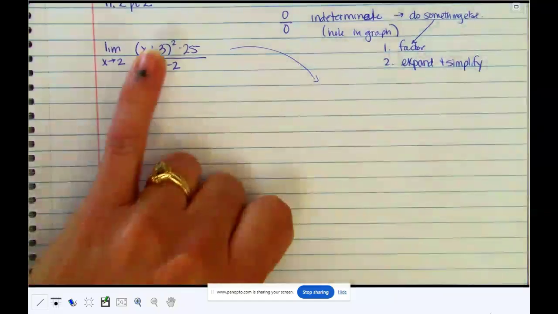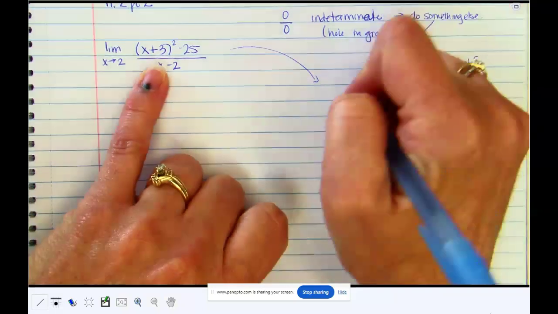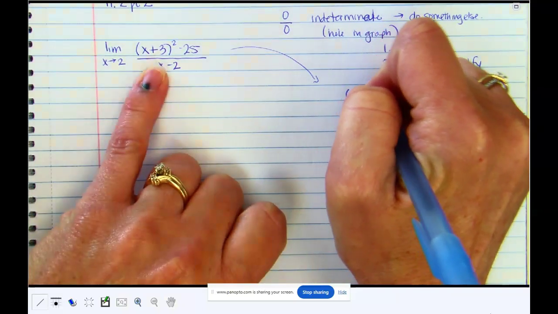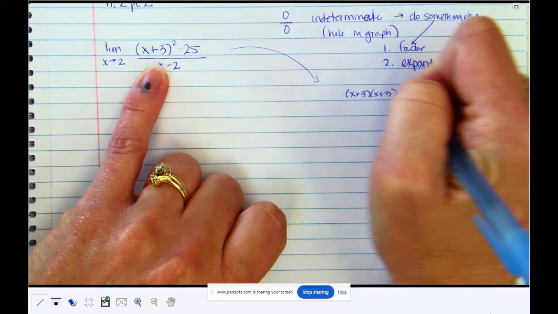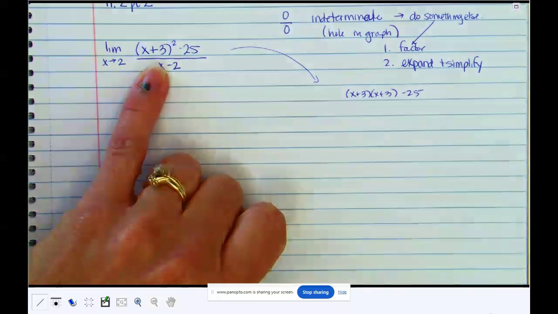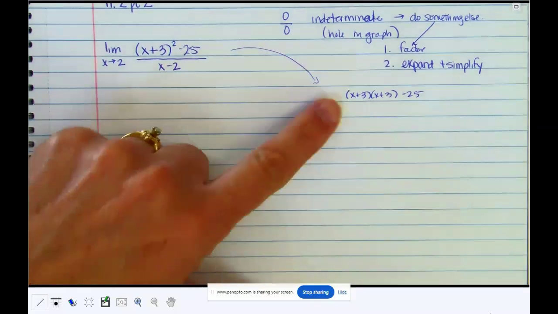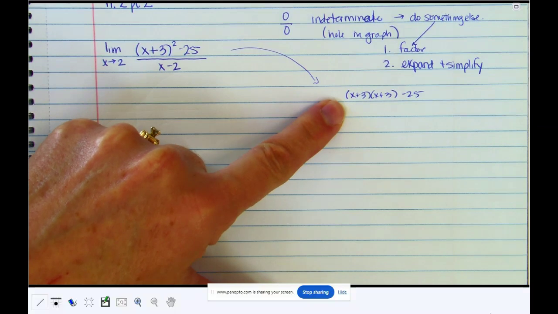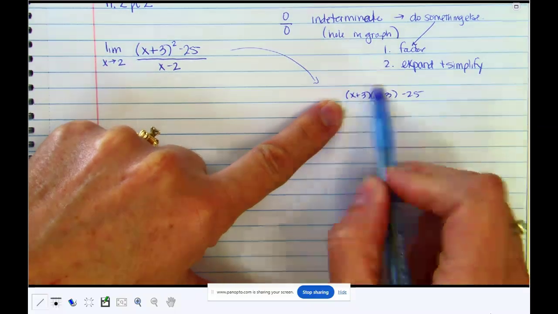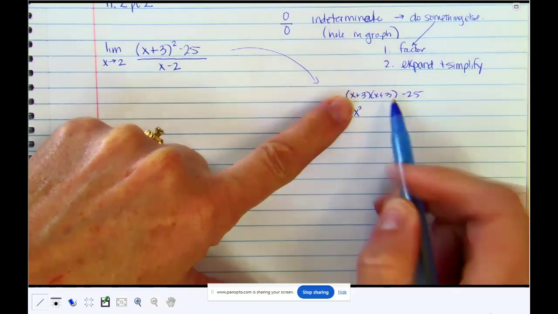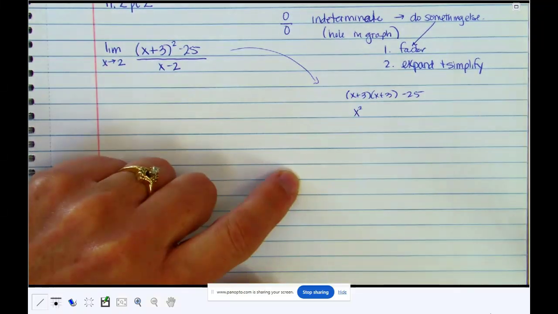So when we expand the top, just remember, I'm not going to do this every time. You can do this in your head because you're smart enough. But remember that that's x plus 3 squared, which is x plus 3 times x plus 3. I talked to you yesterday about factoring hacks. Listen to this hack. Some of you know this. I'm going to multiply. I'm going to get x squared, and I'm going to have a 3x and a 3x, which is going to be 6x.